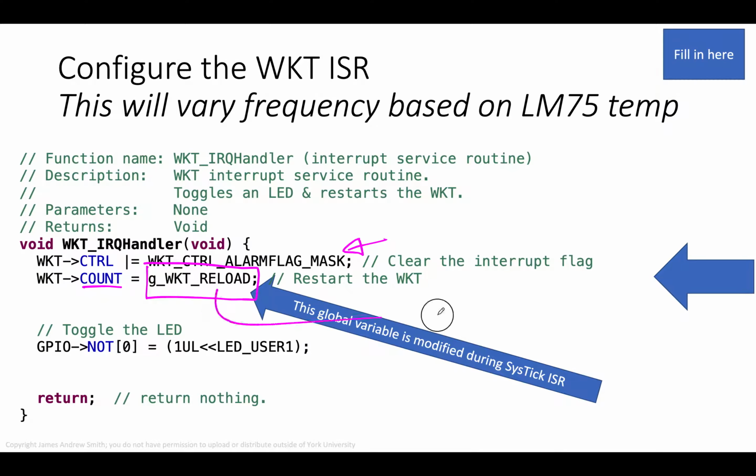Do you remember where this came from? It came from SysTick. That SysTick routine, the SysTick ISR, set the global variable for wake up timer reload via the values that were from the I2C temperature sensor. And that, ladies and gentlemen, is that.